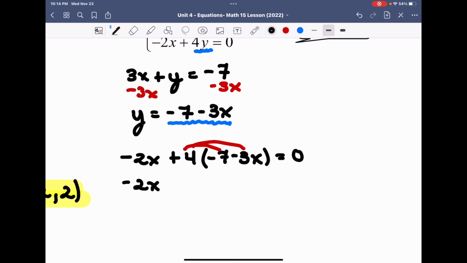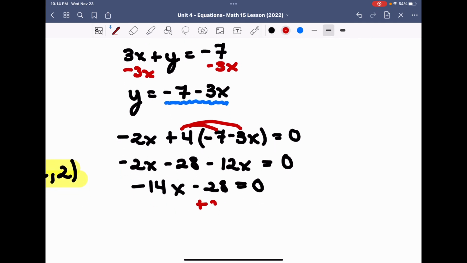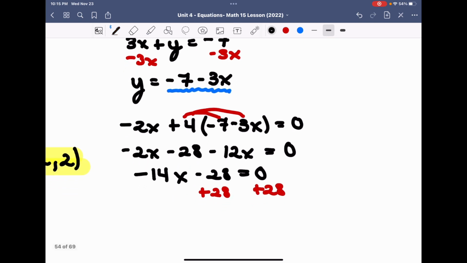We have 4 times negative 7, which is negative 28. 4 times a negative 3x is negative 12x, which is equal to 0. Negative 2x minus 12x is negative 14x. Minus 28 is equal to 0. I'm going to move the 28 across, that's being subtracted, to isolate our x term. Negative 14x is equal to 28.